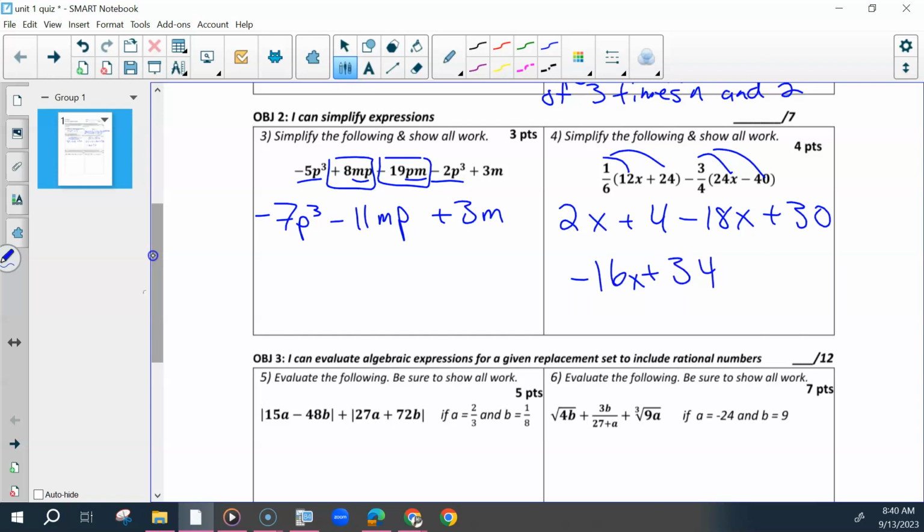Make sure you're bringing down your variables. So the 4 points for this one was, did you distribute the first part and the second part correctly? And then did you combine both pieces correctly? Questions on that one?